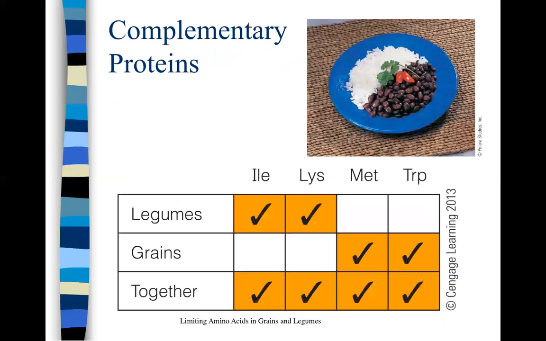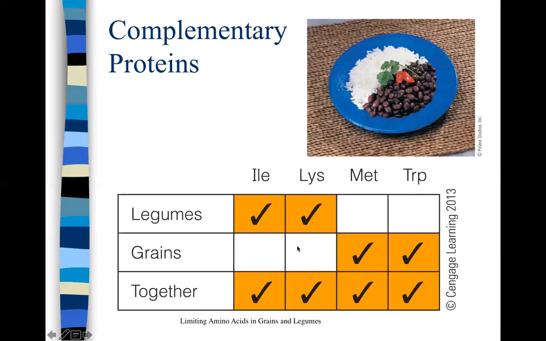So, examples of proteins that have limiting amino acids. Legumes, such as beans, pictured here, have low levels of methionine, which is MET, that's why it's a blank white box, and tryptophan. Methionine and tryptophan are both essential amino acids. So legumes have limiting amounts of methionine and tryptophan.